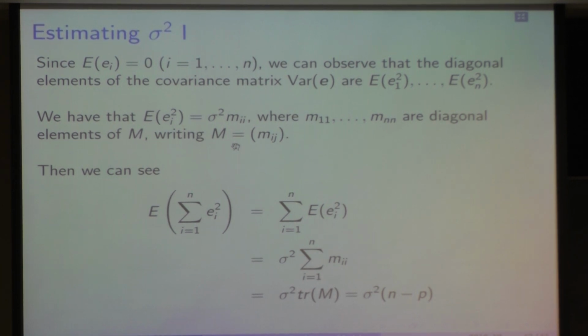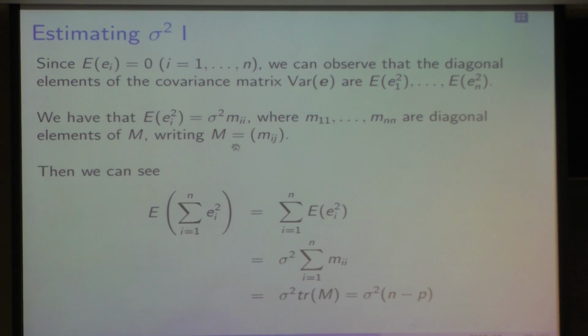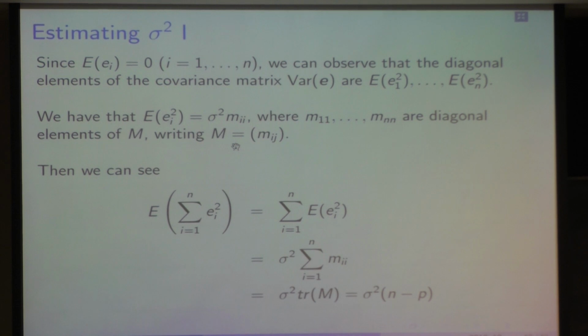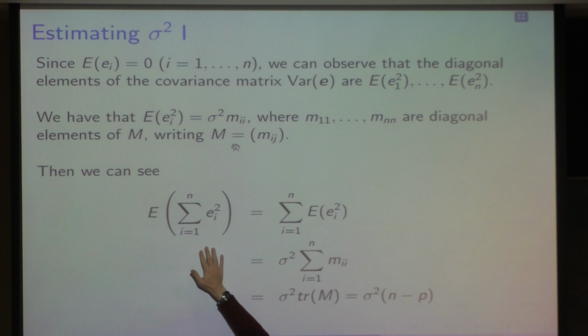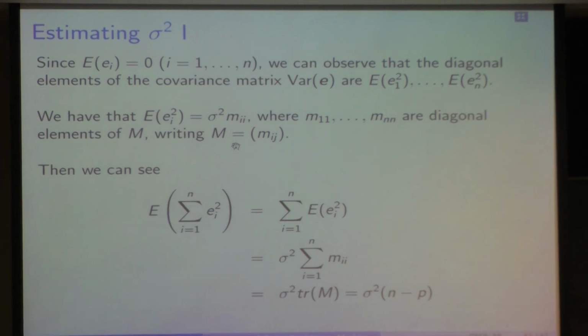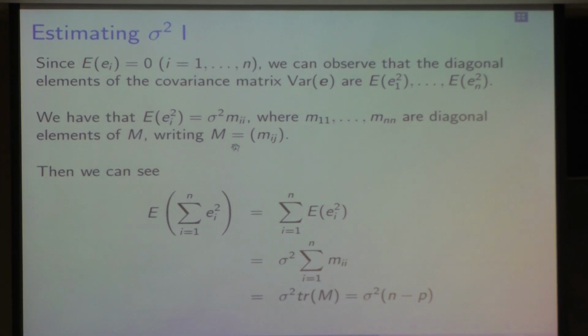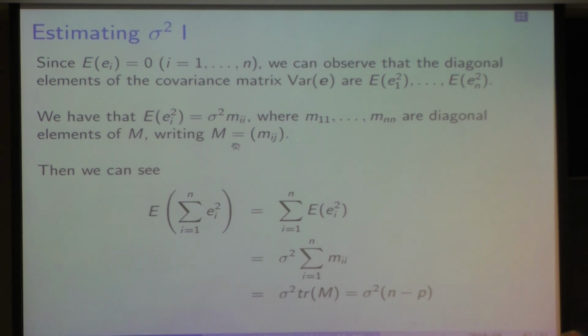So, if we want an unbiased estimator of sigma squared, we can see that if we divide this sum of the squares of the residuals by n minus p, the expected value of that statistic is going to be sigma squared. And so that is going to give us an unbiased estimator of sigma squared.